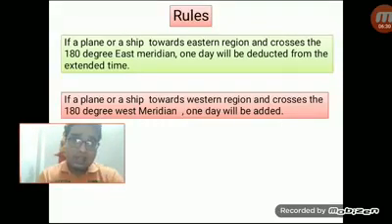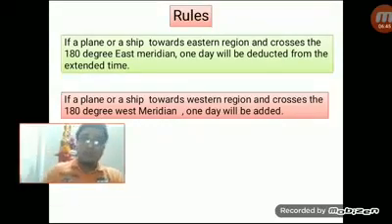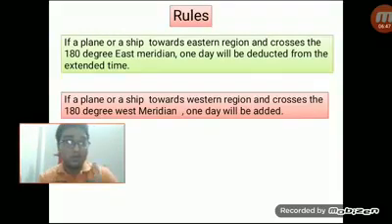The next rule is that if a plane or ship travels towards the western region and crosses the 180 degree meridian, 1 day will be added. That means if a plane or ship crosses the international dateline from the western side, 1 day will be added. So these are the two rules regarding the international dateline.